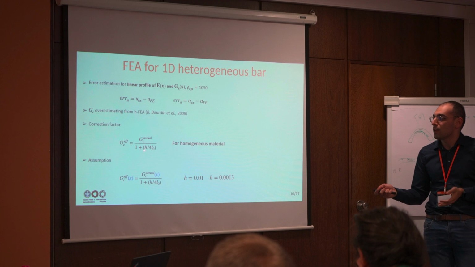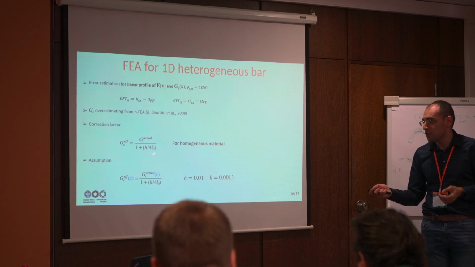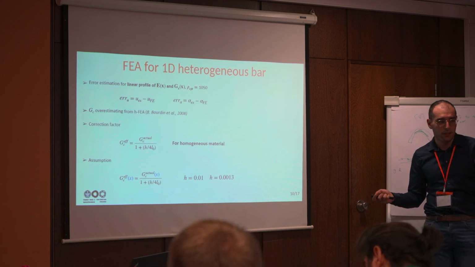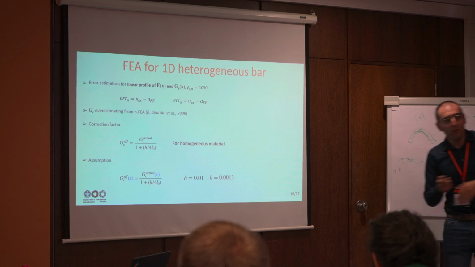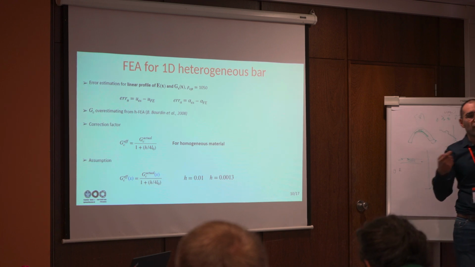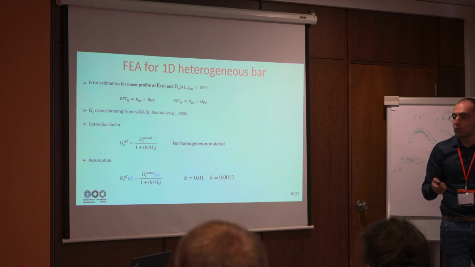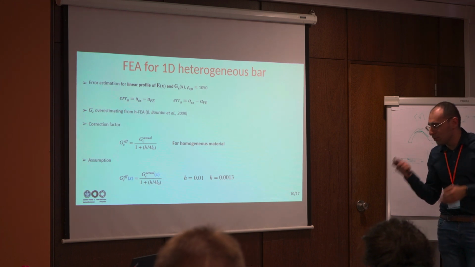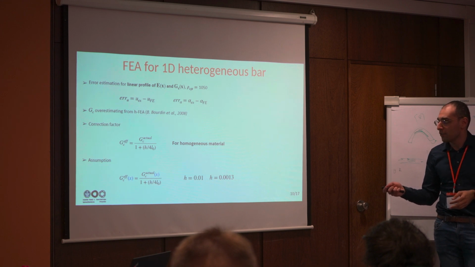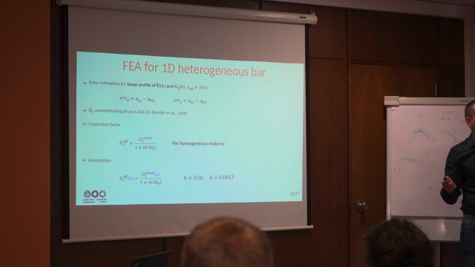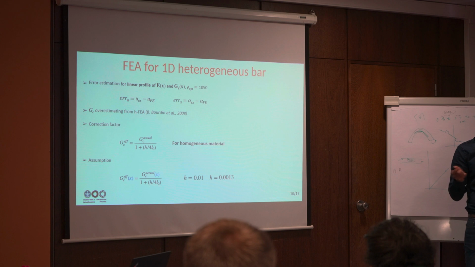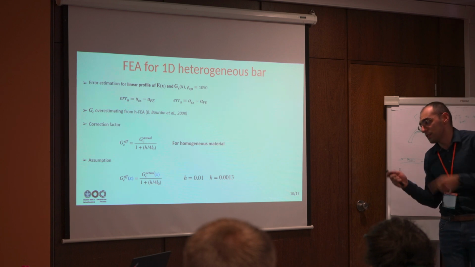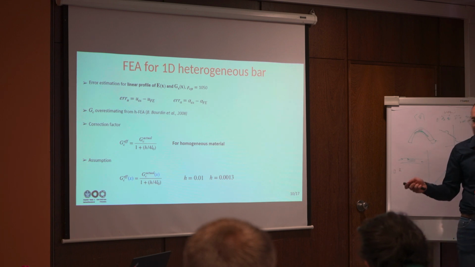And this factor depends on the mesh size H and on the L0, which is the internal length of the phase field. So if we want to do a convergence analysis by taking two different meshes, and we don't consider this correction factor, we are comparing two different problems because we have two different GC in our two problems. So that's why it's important to consider this correction factor.